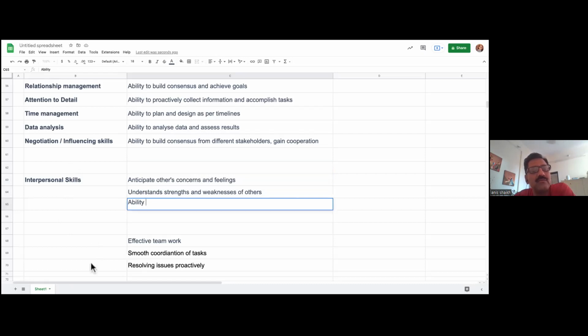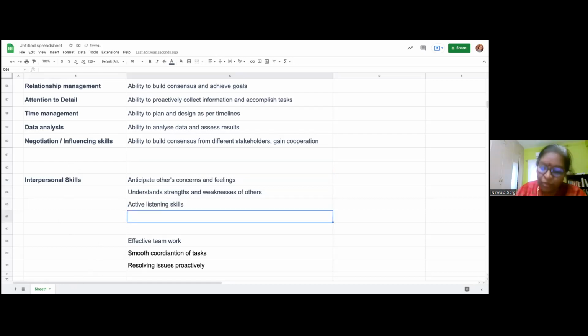Listening skill, how do we write that? Listens attentively, active listening, people's ideas and concerns, because only then the other guy will say, hey, he's listening to me very well, he has good interpersonal skills. Understood.